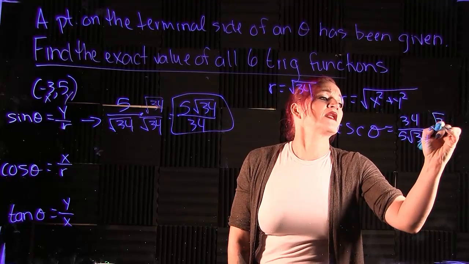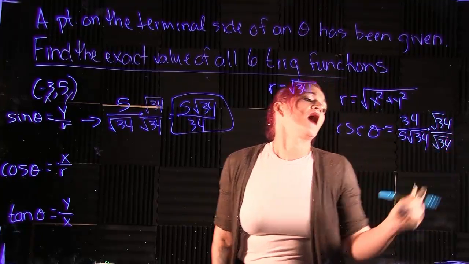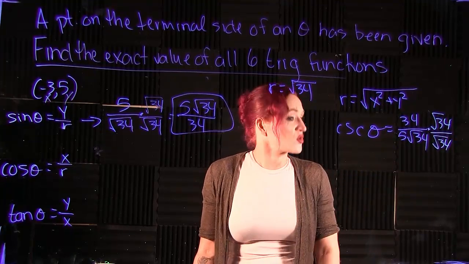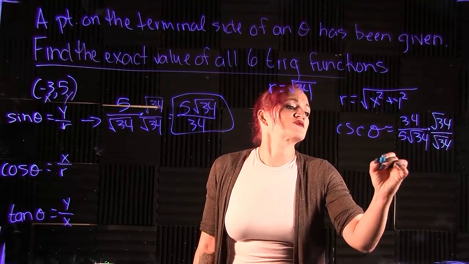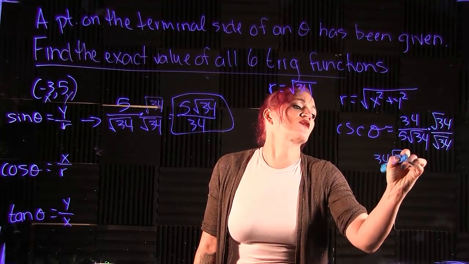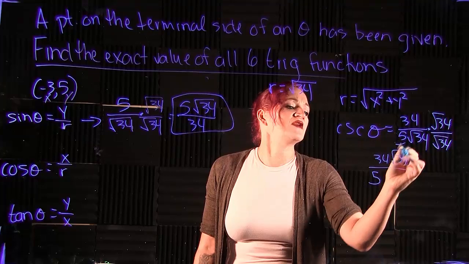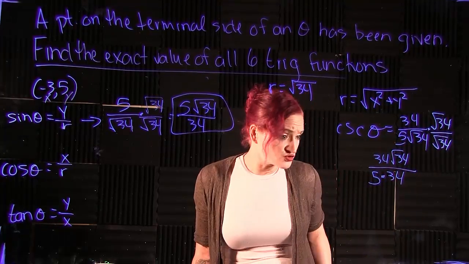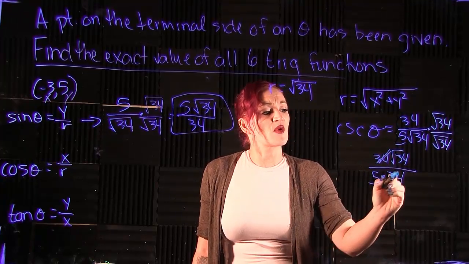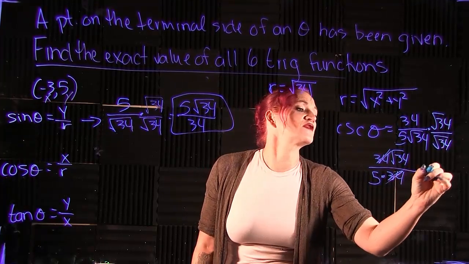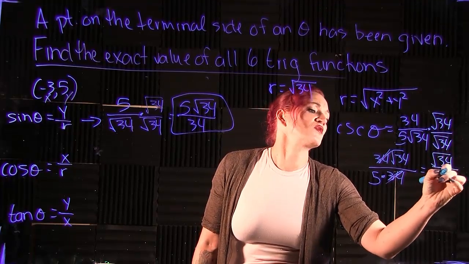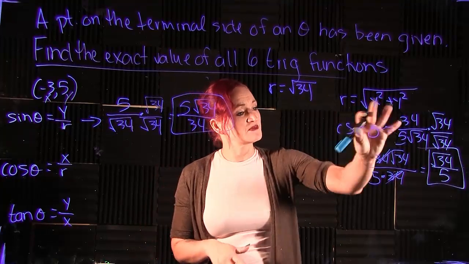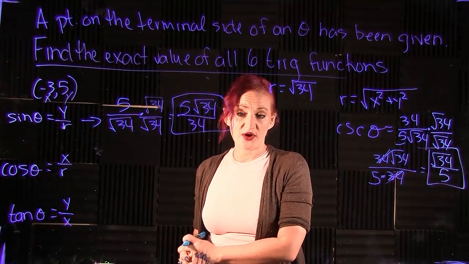Otherwise, keep in mind to rationalize the denominator, multiply by the radical in the denominator, which means up top we have 34 times the square root of 34 over this 5 here. Square root of 34 times square root of 34 is 34 that you drop down, and the 34 in the numerator cancels with the 34 in the denominator, leaving you a square root of 34 over 5 as our cosecant theta. So again, simplify it by hand or throw that into your calculator to reduce it.